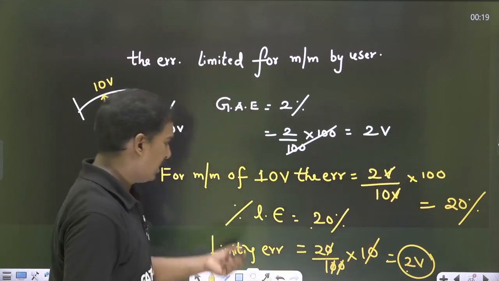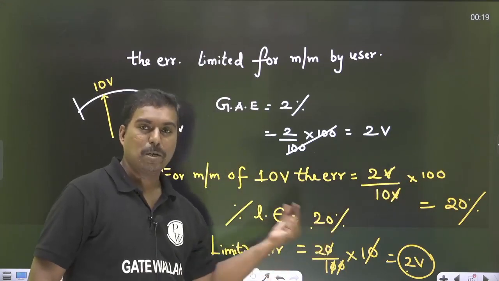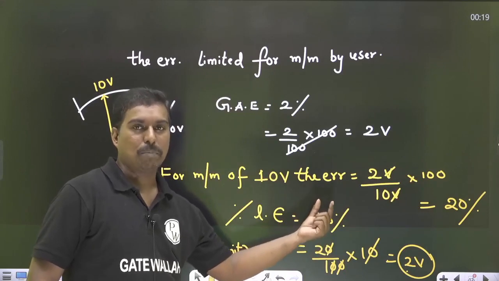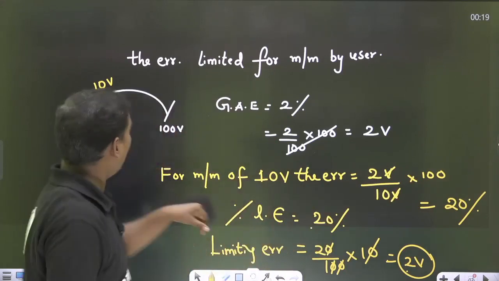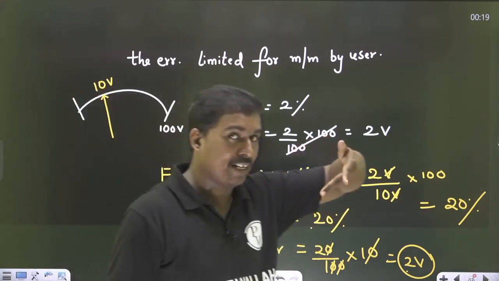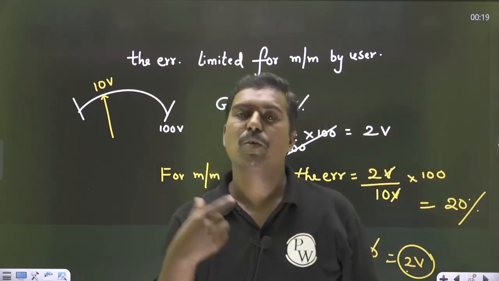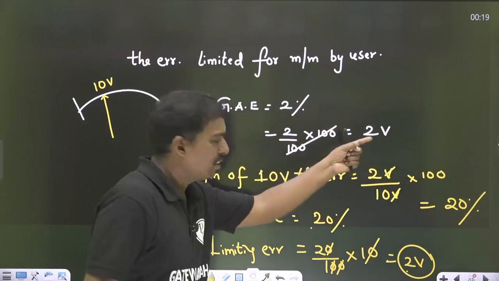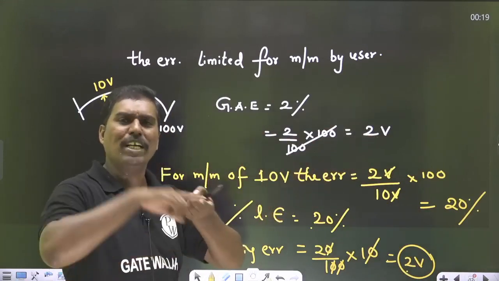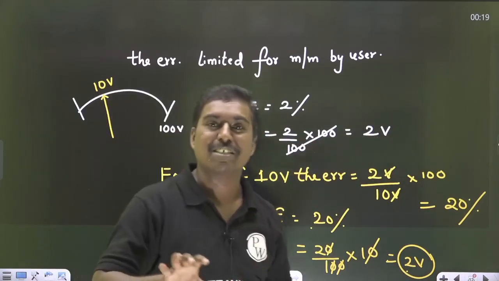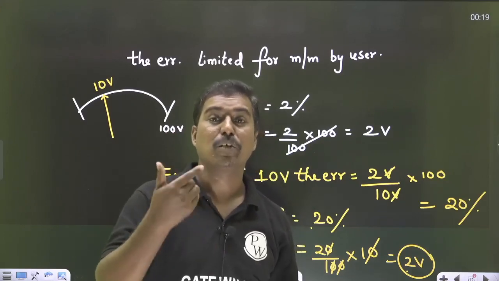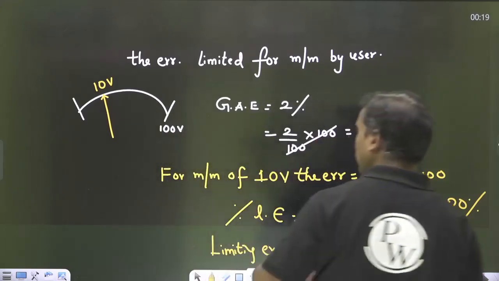This 20% is the percentage of limiting error. When you are measuring 10 volts, 20% of 10 volts is again 2 volts, which is the guaranteed accuracy. So every time the limiting error is fixed, but the percentage of limiting error goes on changing. For example, let us take the same thing.